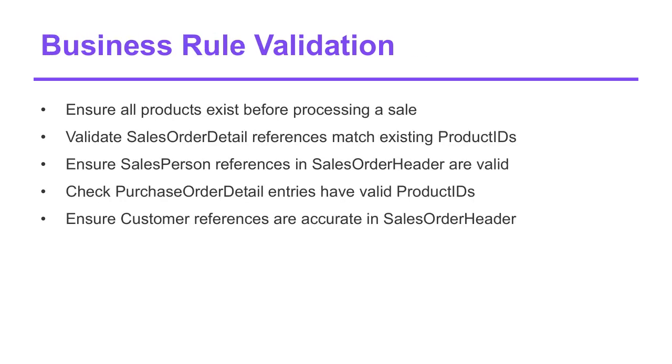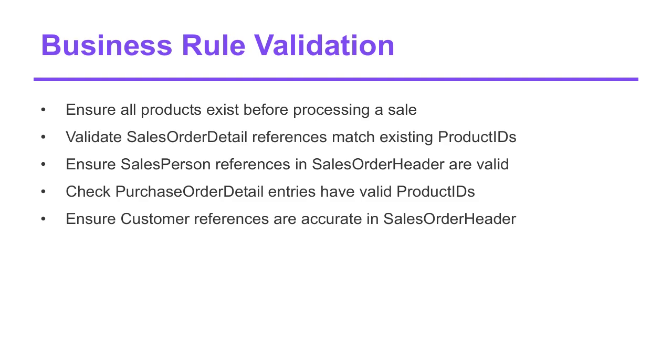Before we process any sales, it's crucial to confirm that all products involved actually exist in the database. For each sales order detail, we need to verify that the product IDs referenced are valid and correspond to existing products. Similarly, the salesperson entries in the sales order header must be checked to ensure they are accurate and relate to real salespeople.